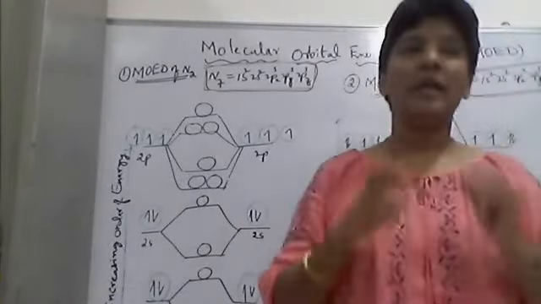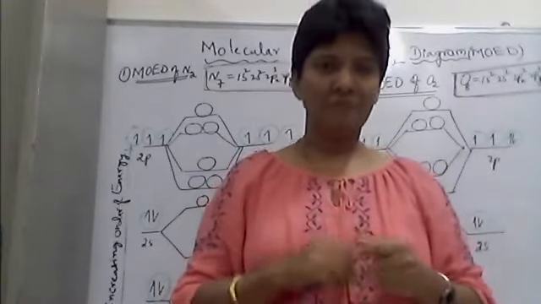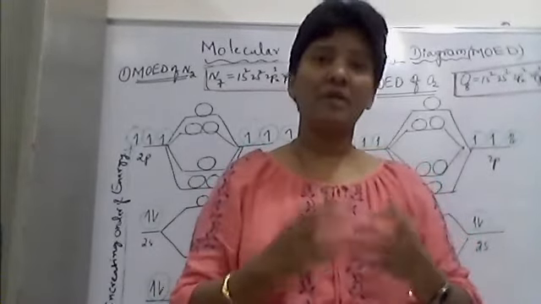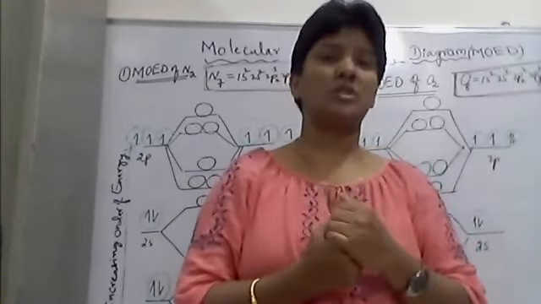I hope you know that the molecular orbital theory is based on the linear combination of atomic orbitals. First of all, we should know what this theory was proposed for.